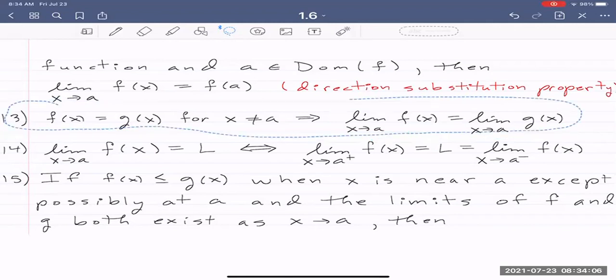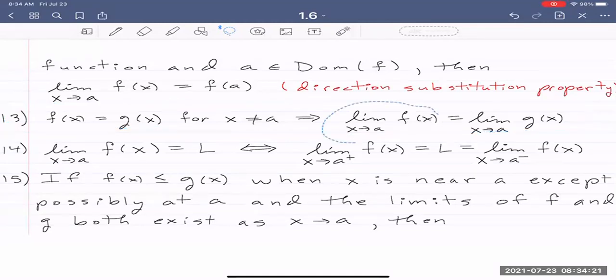13. If f of x is equal to g of x, for x not equal to a, then the limit as x approaches a of f of x is equal to the limit as x approaches a of g of x, since in a limit we don't care.